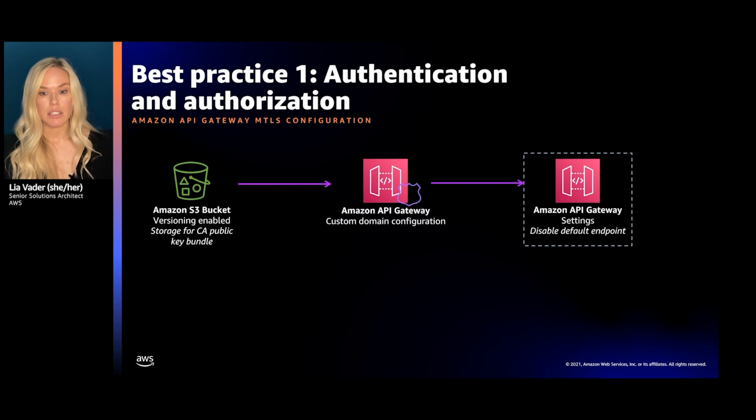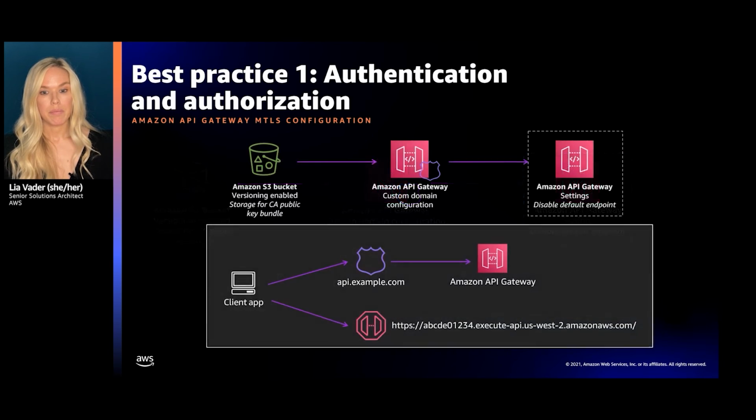The last part is you want to disable the default endpoint. And let me show you why. You just configured a custom domain, right? And our clients can go to api.example.com. But they can also go to the default endpoint, which is that execute API endpoint there at the bottom. But mutual TLS is configured on the custom domain.